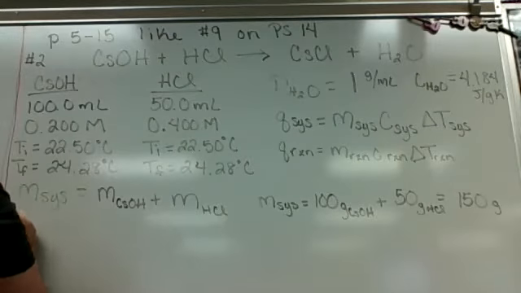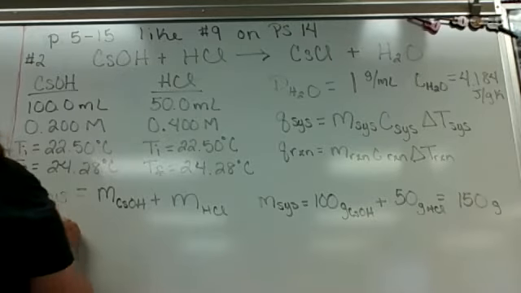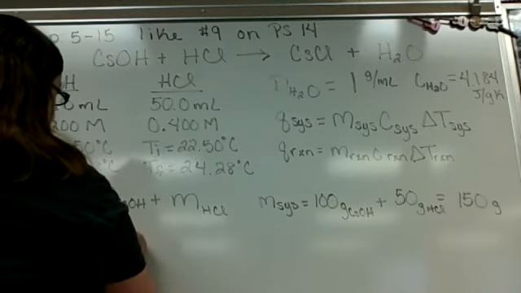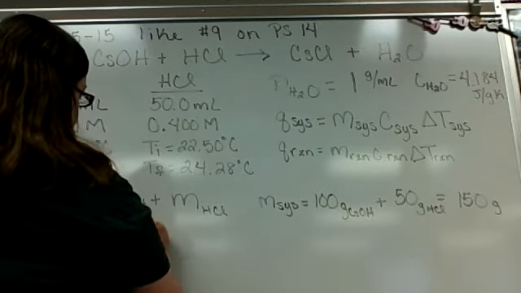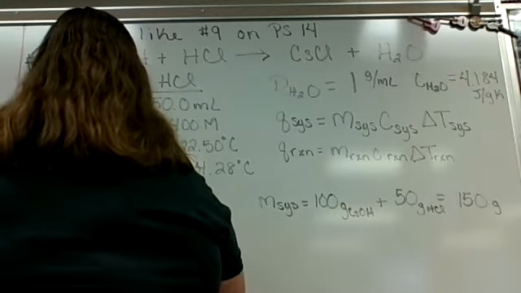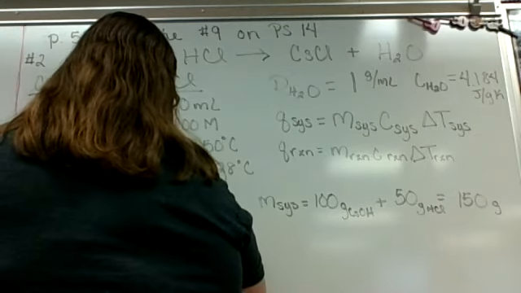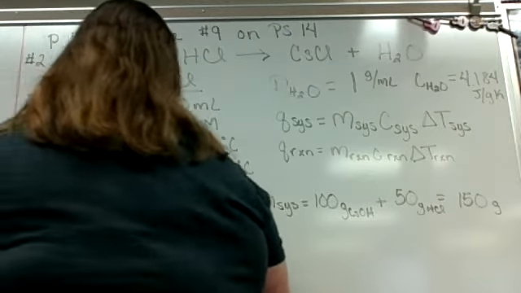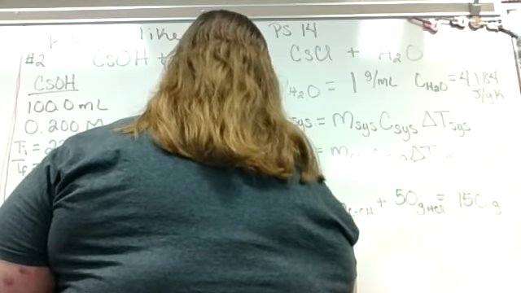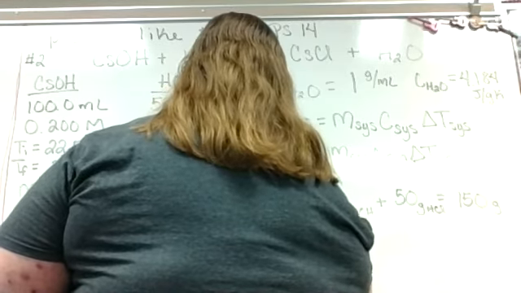So we can go ahead and calculate the heat of reaction. We have the mass of 150. We have the heat capacity, which is 4.184. And we have delta T. Now, one thing I have taught with delta T is that you change to Kelvin, but I don't know if you have realized that you subtract out the 273.